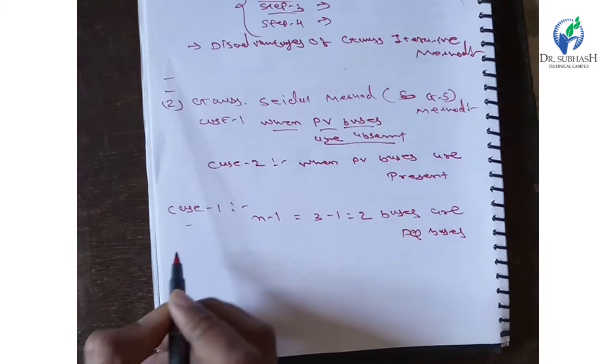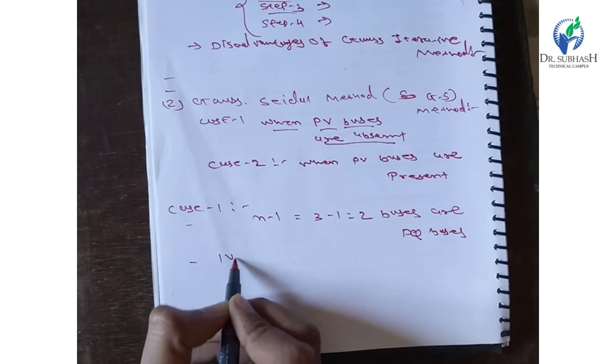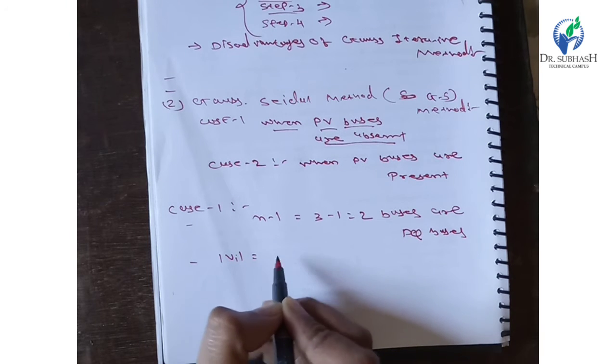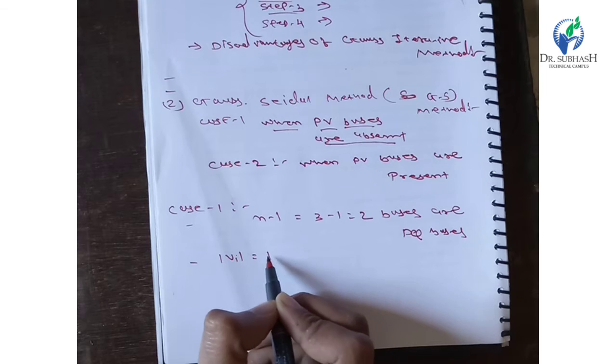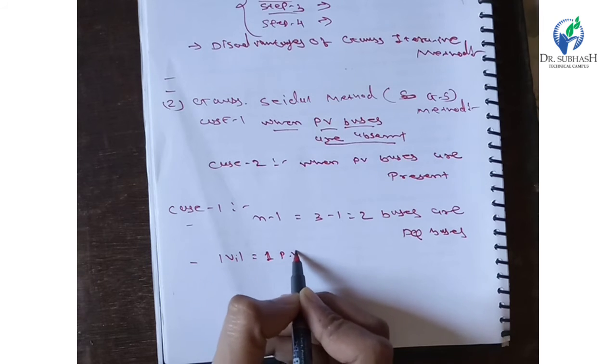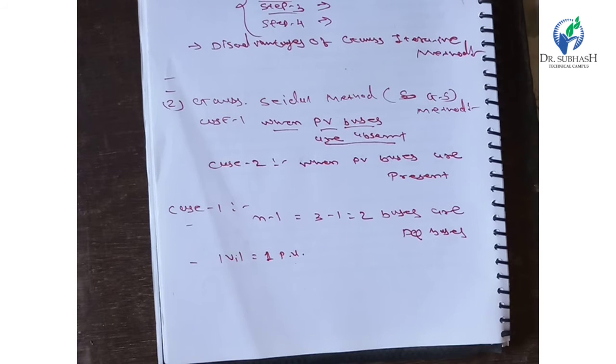The voltage assumption for them is V_i equal to 1 per unit.